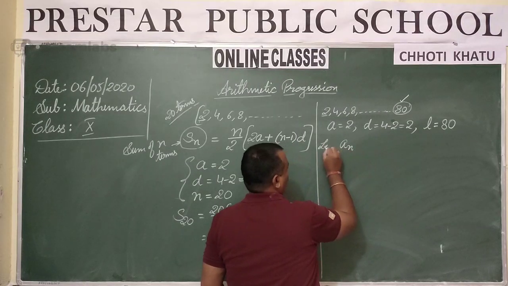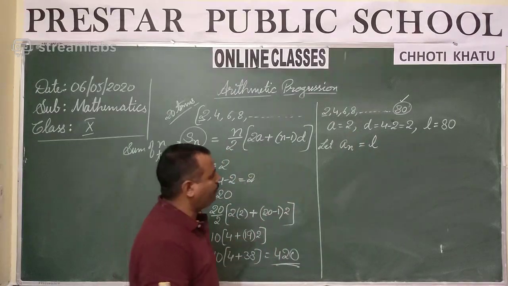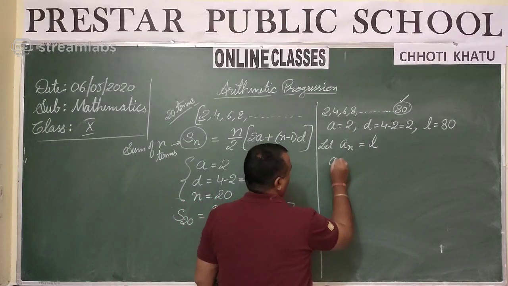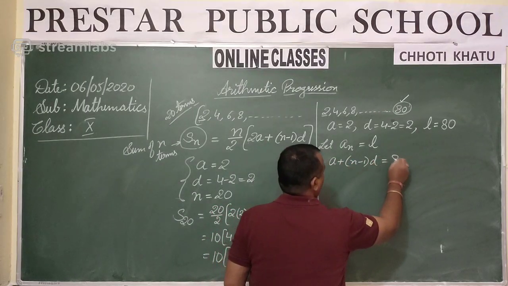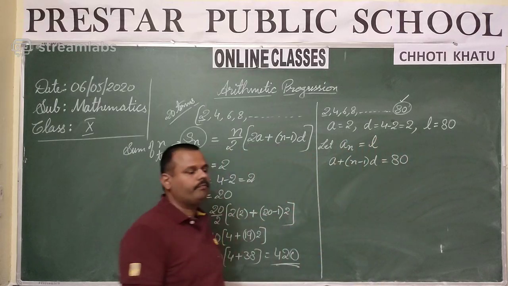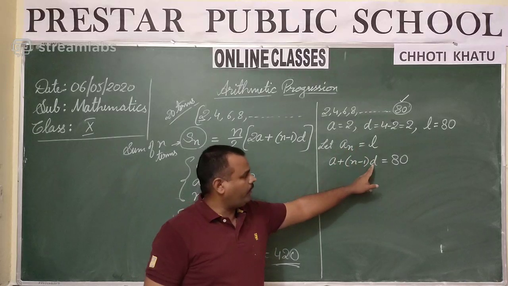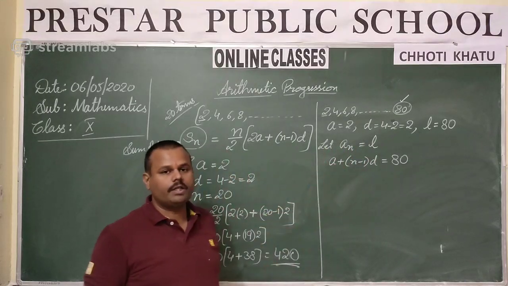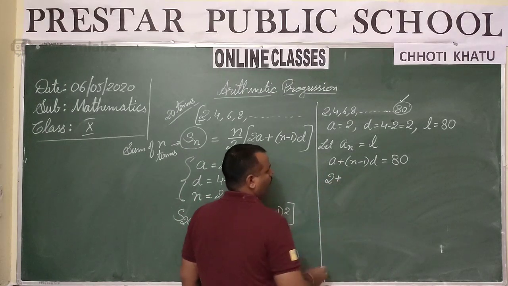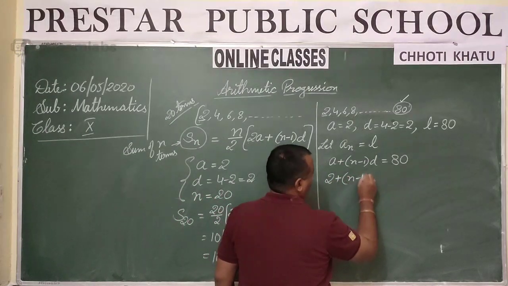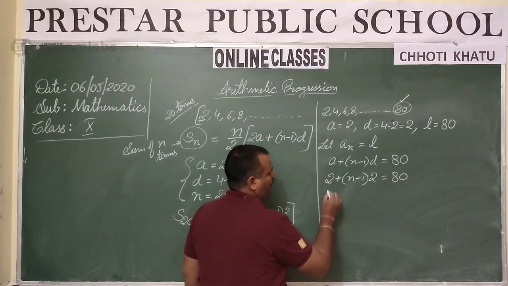Let the nth term equal L. If you take the nth term as L, then you have a plus n minus 1 into d is equal to 80. Now you have the value of a, you have the value of d, you can calculate what n is. So a is 2 plus n minus 1, d is also 2, equals 80.